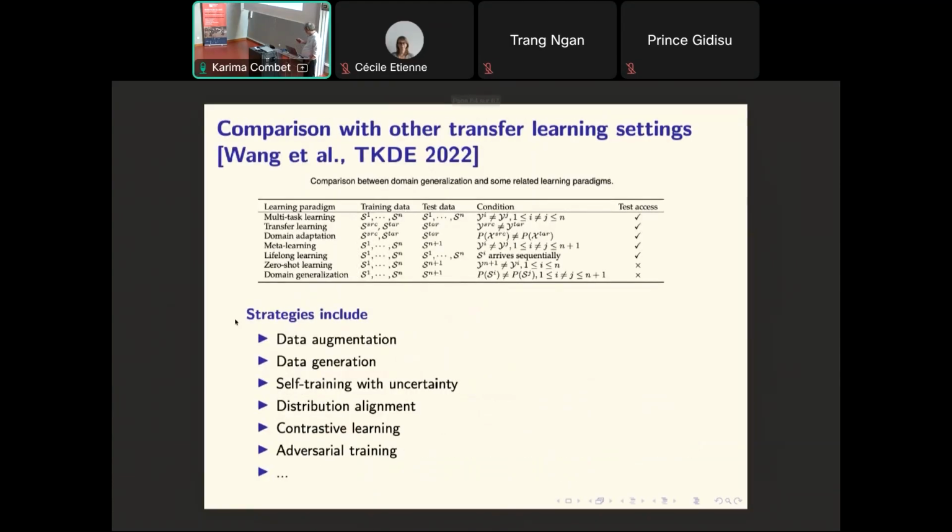For that, you combine data augmentation, data generation, self-training, pseudo-labeling, and methods that try to extract more complex transferable features that will possibly be seen in the target domain. It's probably the most interesting framework because you don't need the target data to learn the model. You just need to prepare the source models to be transferable enough, but of course it's more difficult.